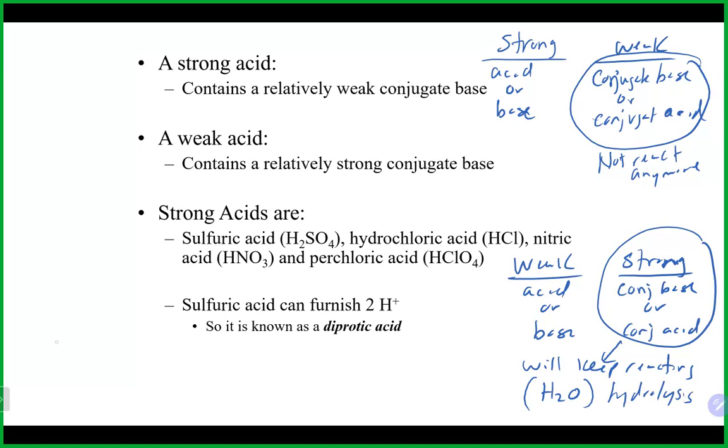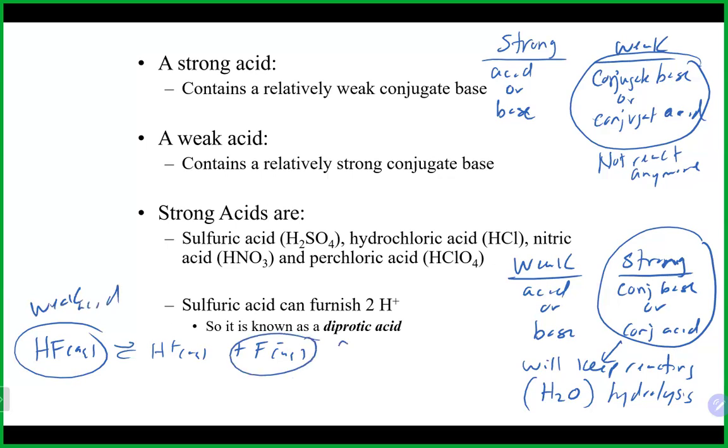But if we take our hydrofluoric acid that we just talked about, that is a weak acid, which means it will break apart into H plus and F minus. Because this is a weak acid, this will be a relatively strong conjugate base, not a strong base really, but a strong conjugate partner.